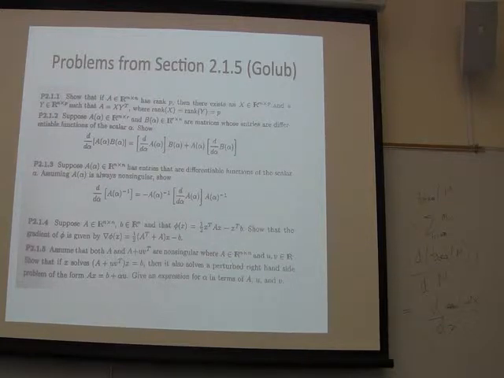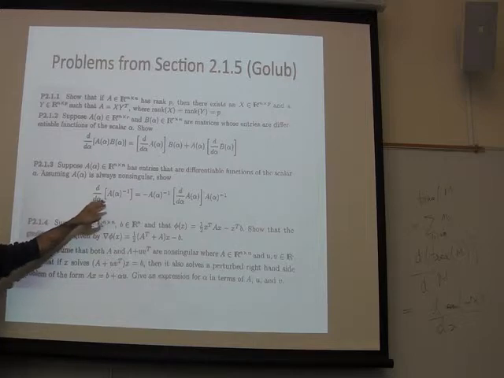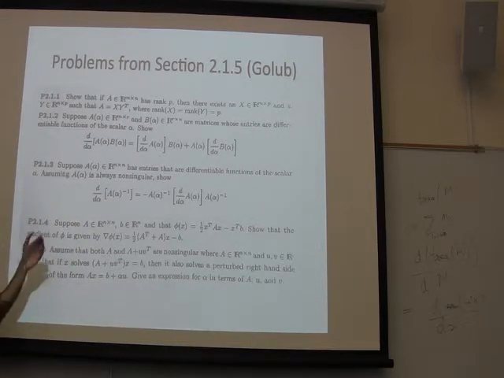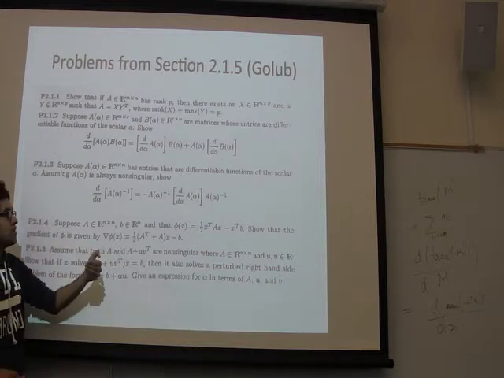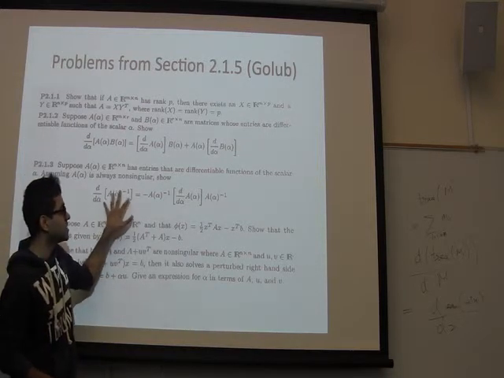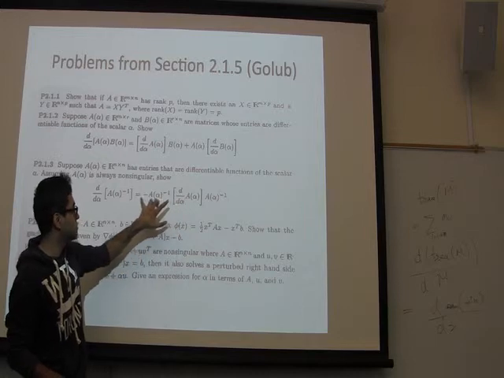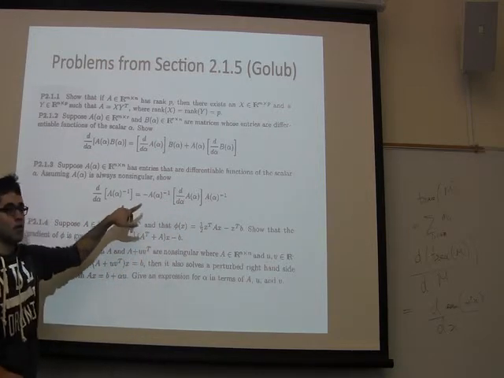First of all, let's read the question. You have a matrix A, and all of its entries are a function of some parameter alpha, right? And then you are taking the derivative of the inverse of that matrix. So you want to find all the partial derivatives of all the entries that will be in the inverse, and you are expressing it as this. So why is it that this formula is true?